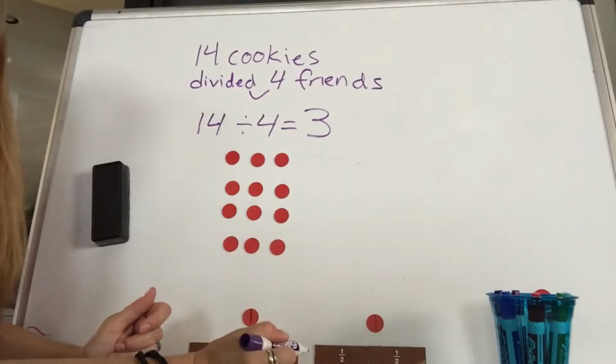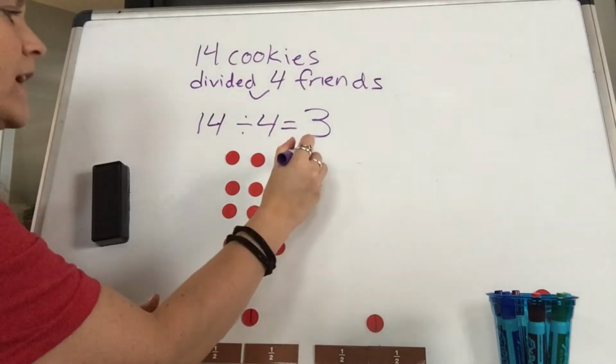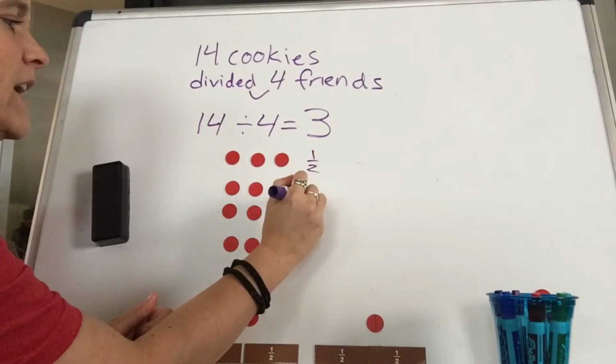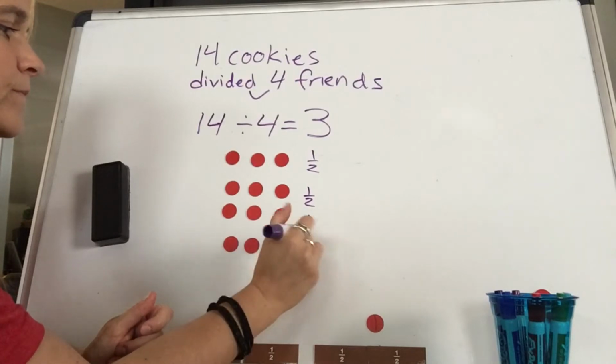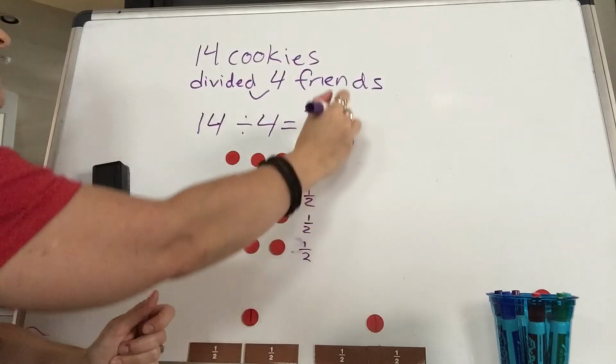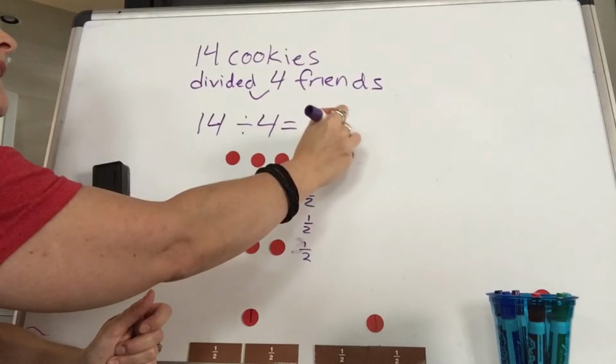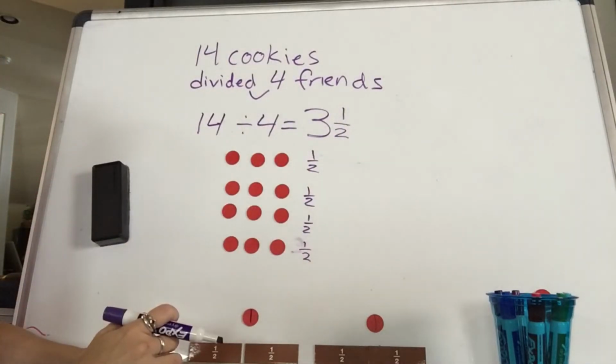Because each one could have a half. So each person could have 3.5 cookies. So I could say that my answer is 3.5, because I have cookies and I can break them in half.